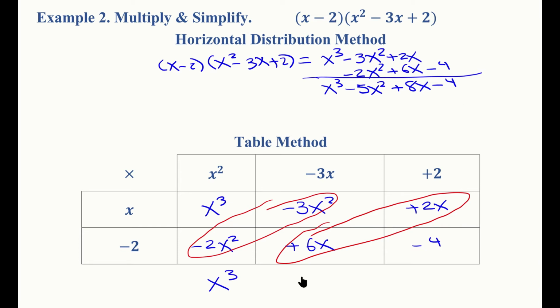These two add up to negative 5x squared, and these two will combine to give us positive 8x, and then minus 4. So of course we got the same answer as we got before. All right, so that's how you do these. Make sure you can handle these before we proceed.